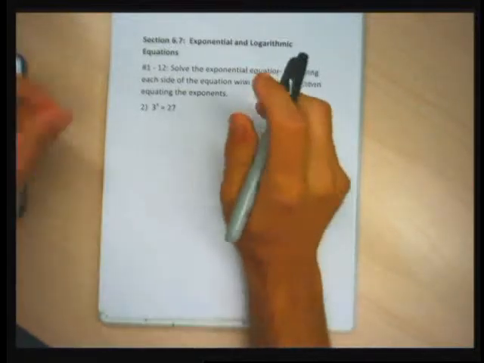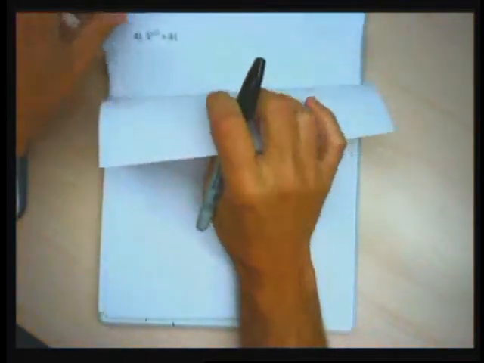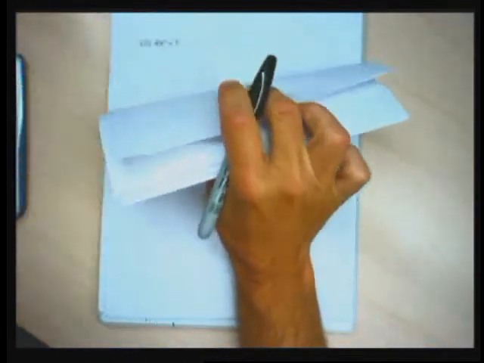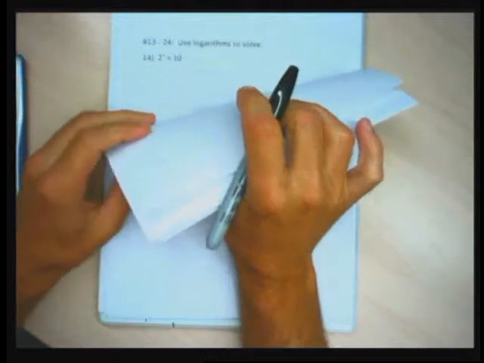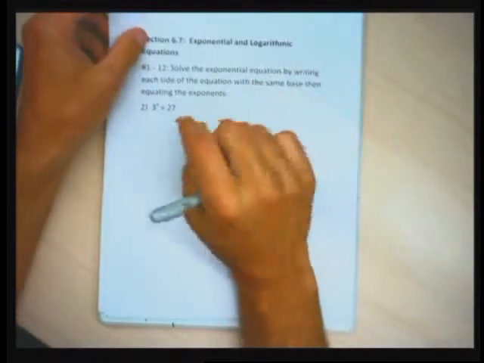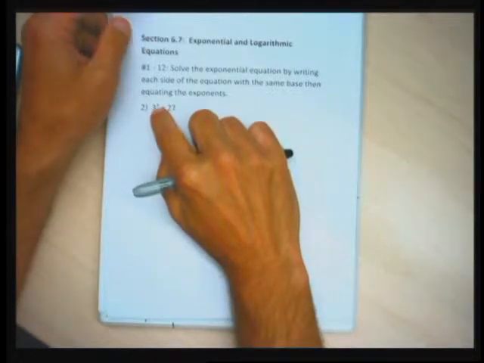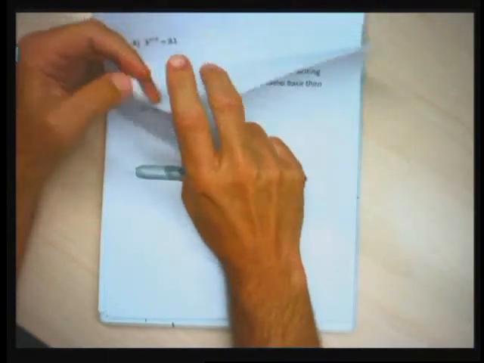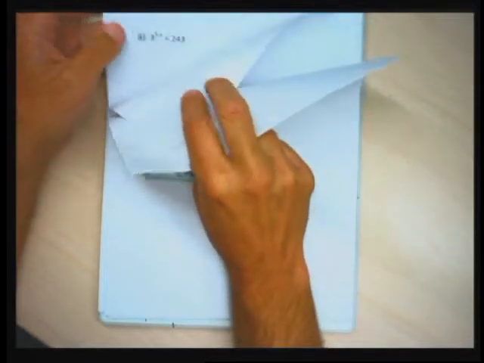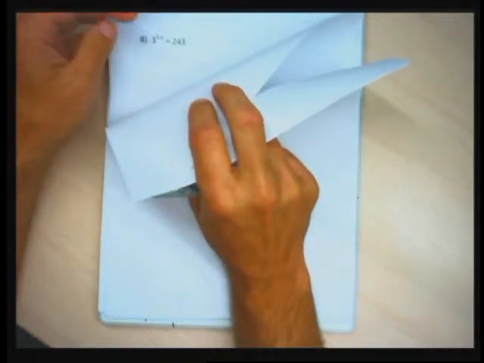Each of the first 12 problems and the second group of problems that goes from 13 through 24, so each of the first 24 problems, have something in common: if you look at the exponent, somewhere in the exponent there's an x. Maybe it's more than just an x, but at least there's an x in an exponent.